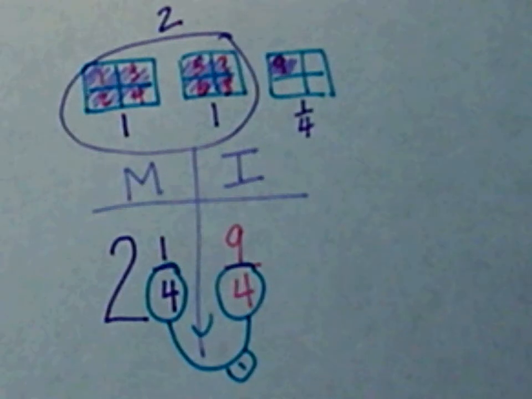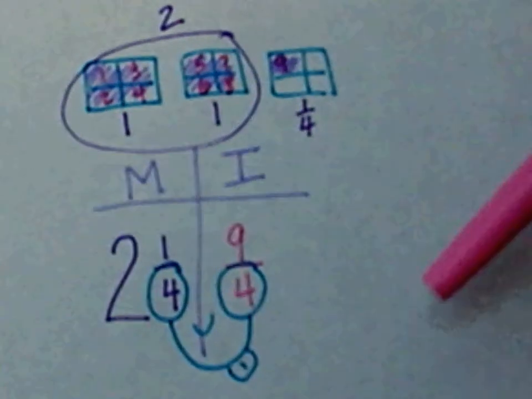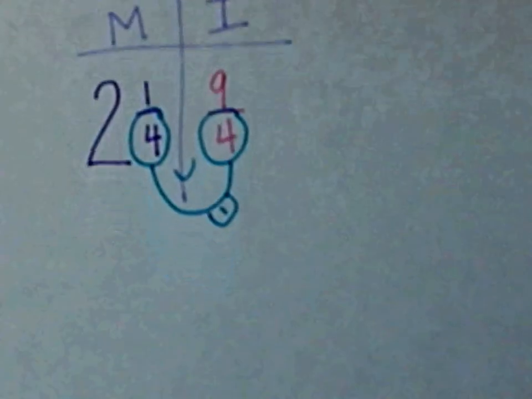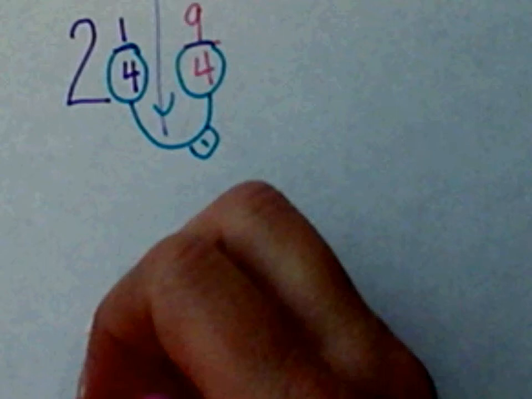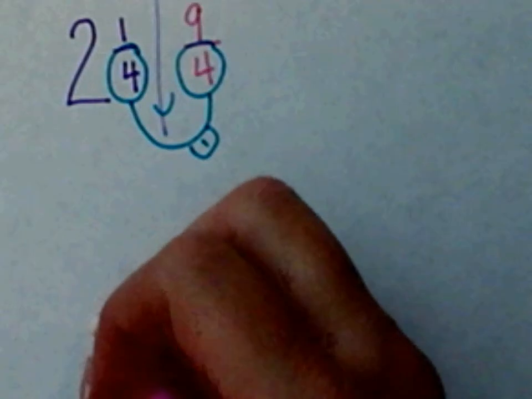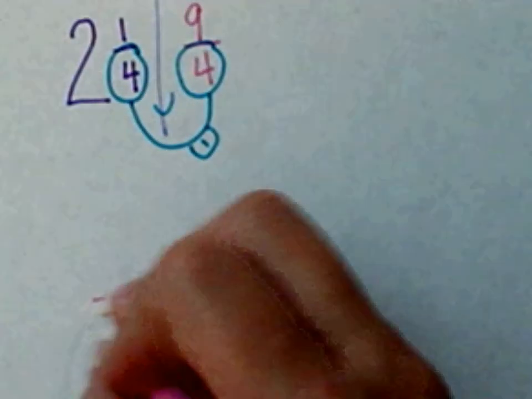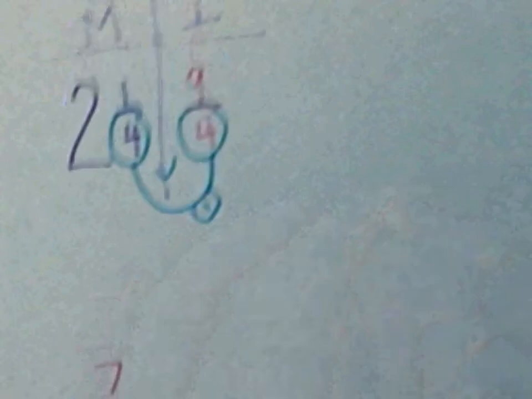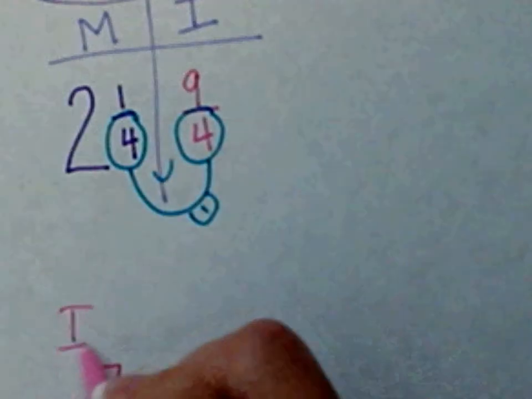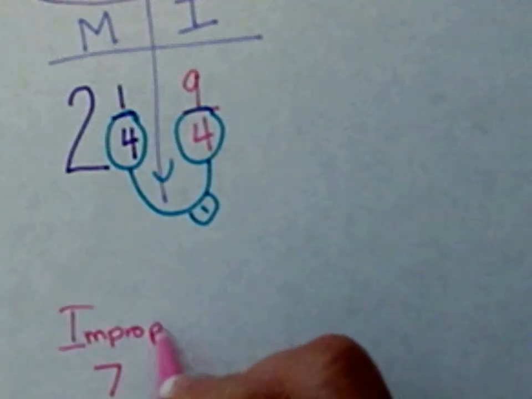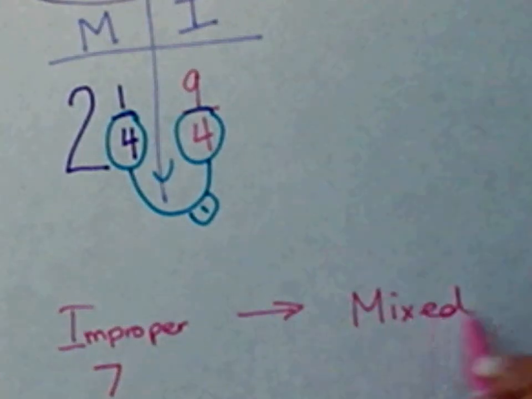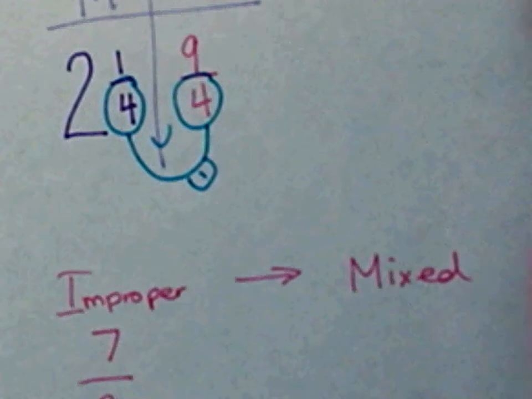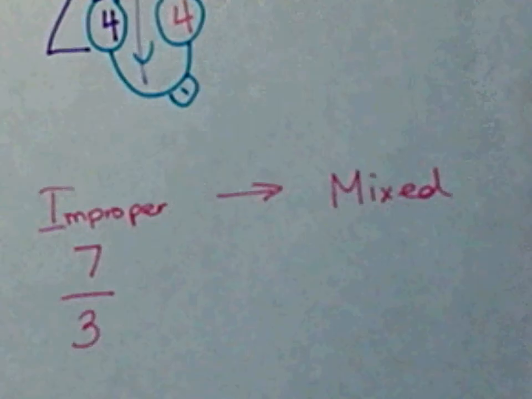Sixth grade, we do not have the pictures that we did in fourth and fifth grade. So we need to know how to go from an improper fraction, this is improper, to a mixed. And remember that a mixed is a whole number with a fraction.